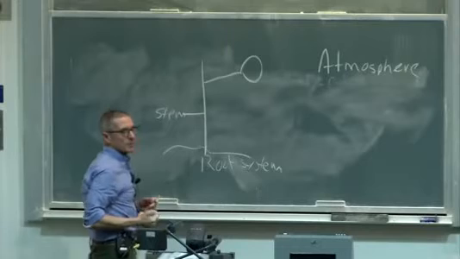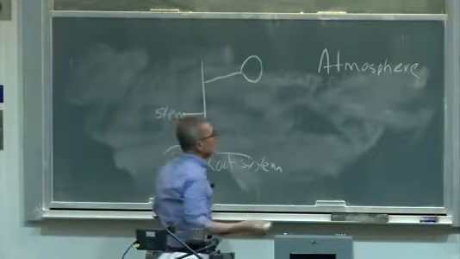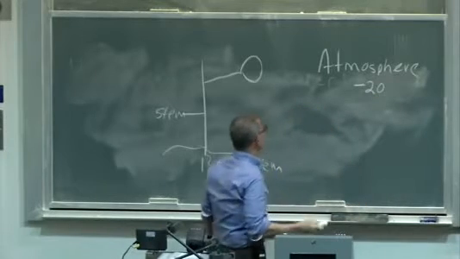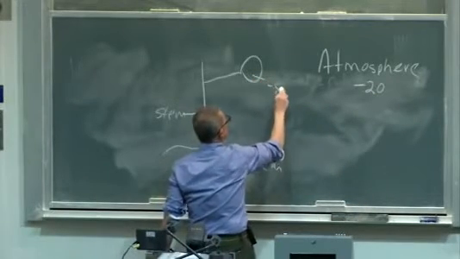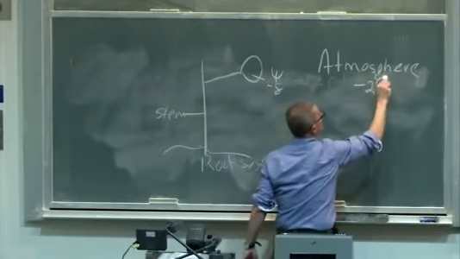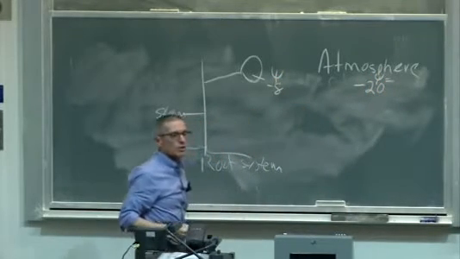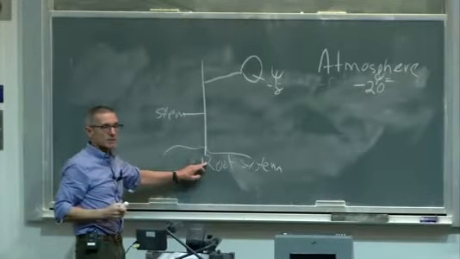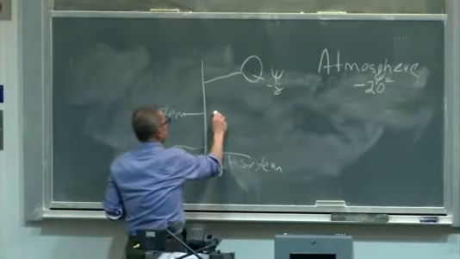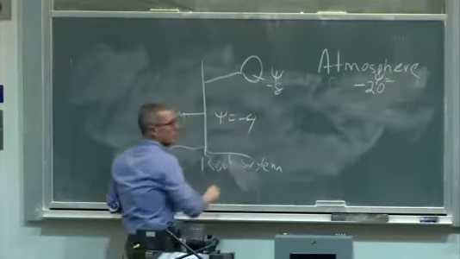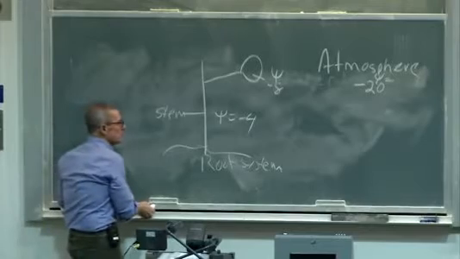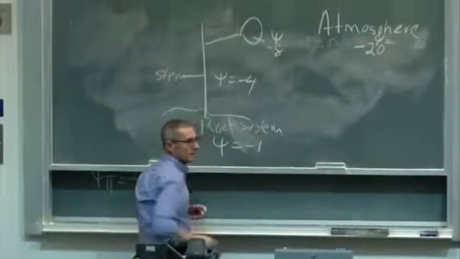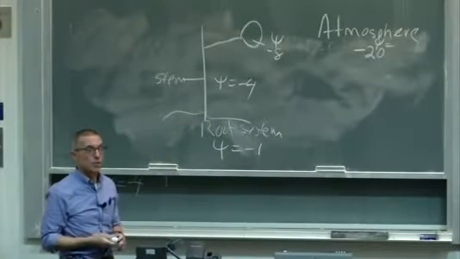And we gave you some numbers for this particular example. I can't remember exactly, I think I said the atmosphere was -20, and the leaf was about -8 as far as water potential. Now what I want to do is to put some numbers on for the other two elements, the stem and the root system. For the stem, a reasonable value would be psi equals, say, -4. And for the root system, a reasonable value would be psi equals -1 for the overall water potential, or -2, something around there.